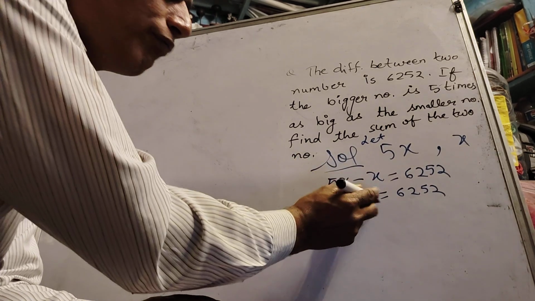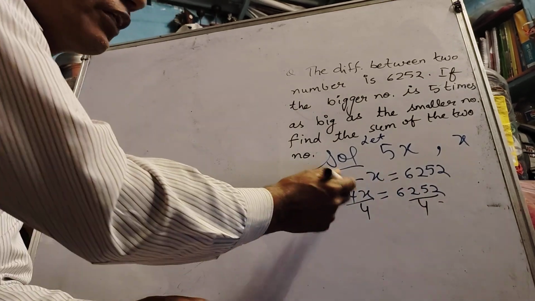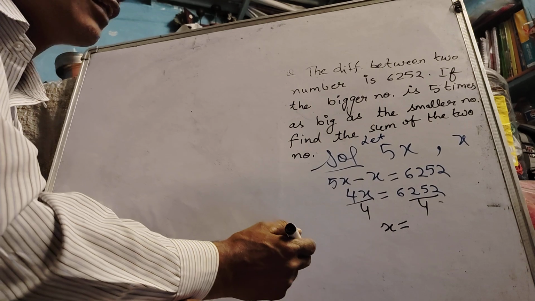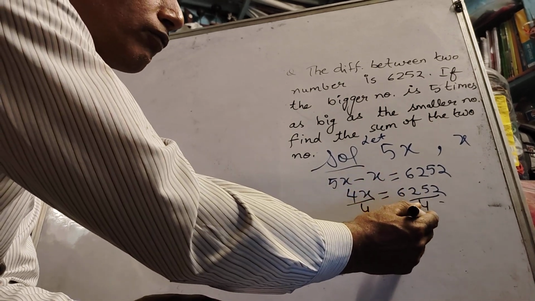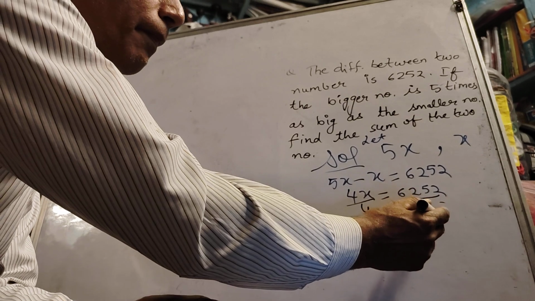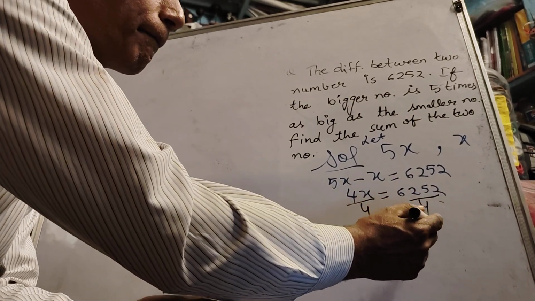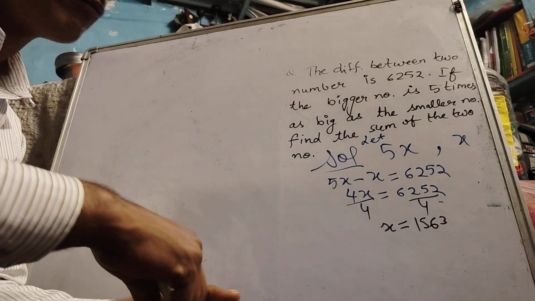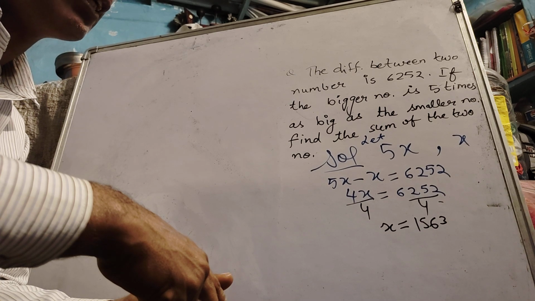Both sides we divide by 4. So the 4 on the left cancels and x is left. On the other side we divide 6252 by 4. This gives 1563. This is the smallest number, 1563.